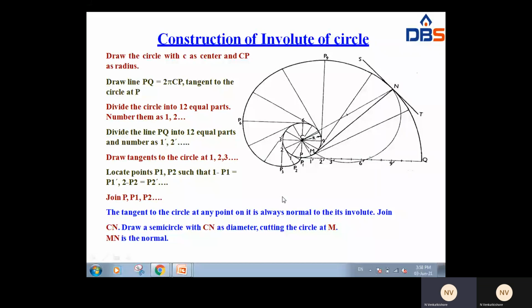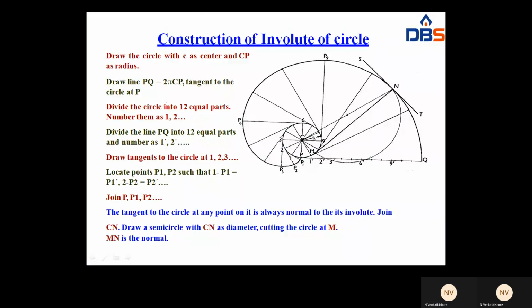The involute for the square is already completed. The involute for the pentagon is also over. And the involute for the circle is to be constructed now.